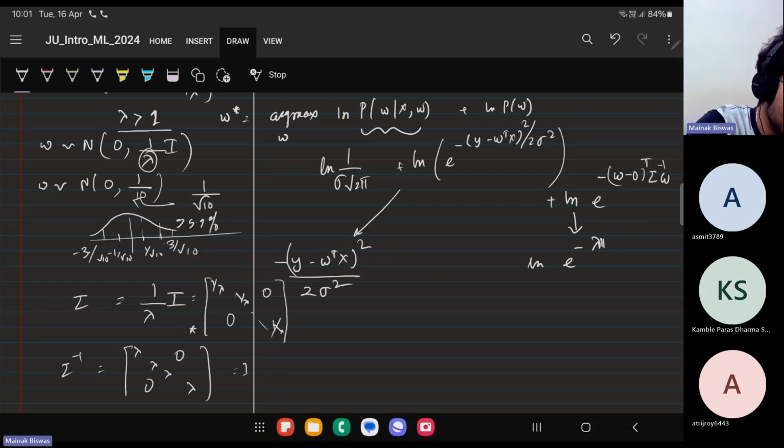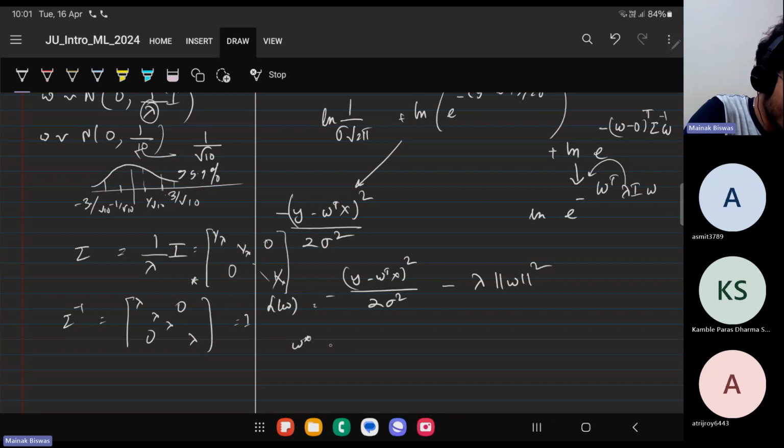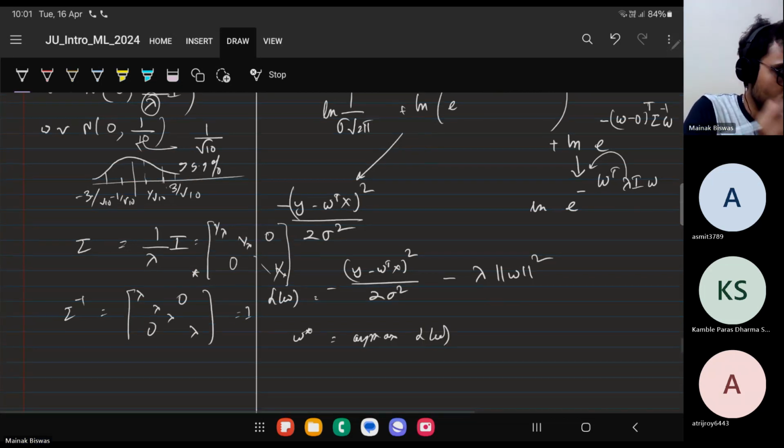So W transpose lambda I W. I'll get y minus W transpose x squared by 2 sigma squared plus lambda times W squared, with an overall minus. This is your L of W, which you want to argmax, right? W star will be argmax of L of W.